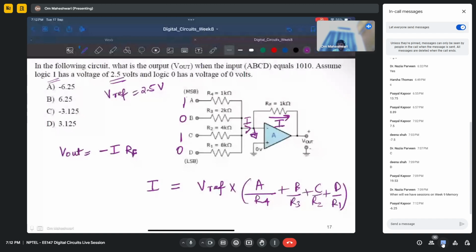So this current is 2.5 into 1 by 1 kilo ohm plus 0 plus 1 by 4 kilo ohm plus 0.